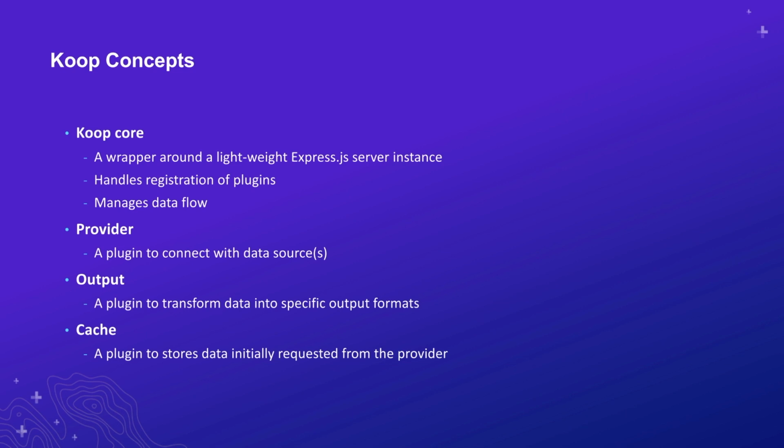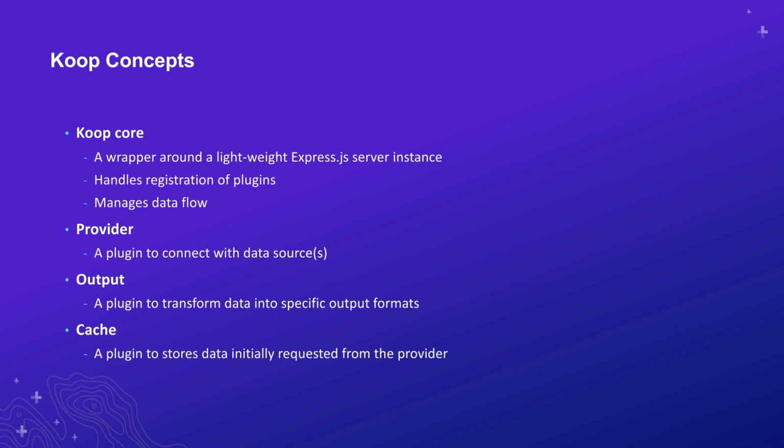There are then output plugins, which transform data flowing into Koop into specific output formats. And as noted before, output formats may be just a particular specification of JSON, or it might be something like vector tiles.